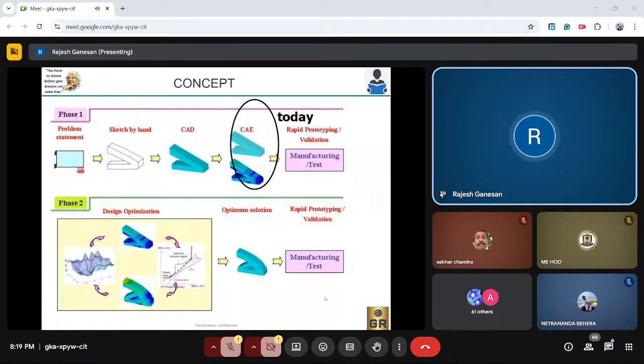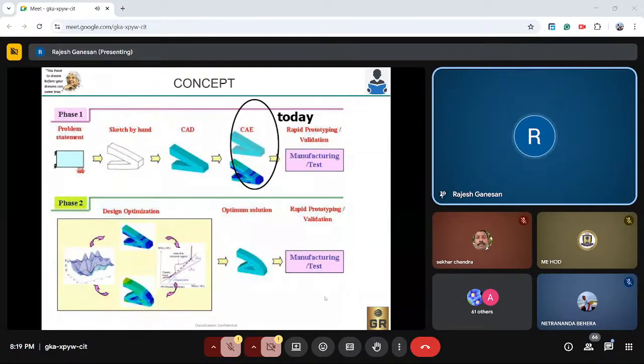Once everything is designed, we go for analysis, that is CAE. Once the analysis is passed, whatever load we are giving, the component withstands the load and does not break. These are the kinds of results we get in the analysis stage.